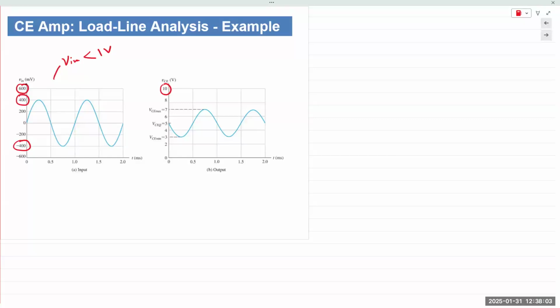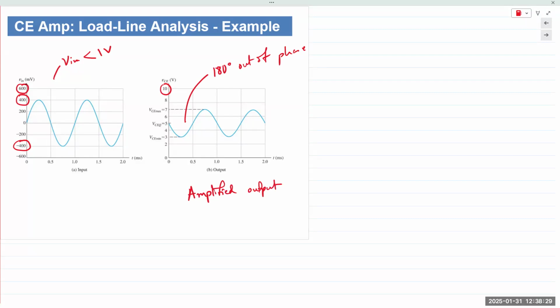The output is 180 degrees out of phase. It's an amplified output. That's how it works as an amplifier.